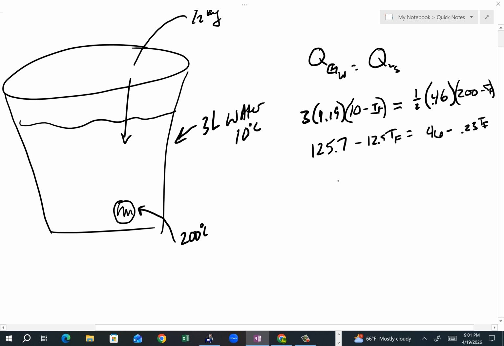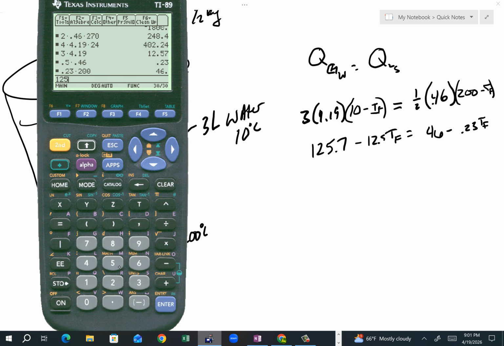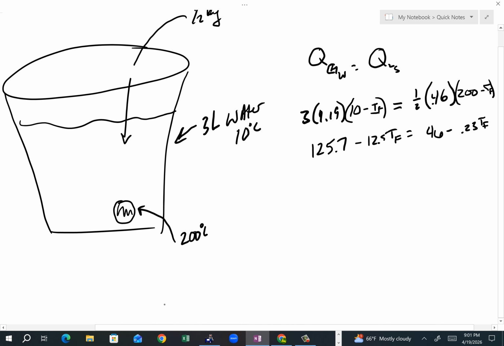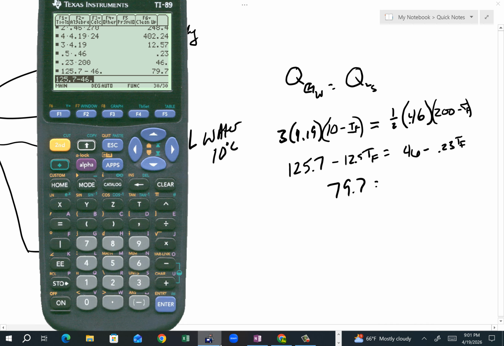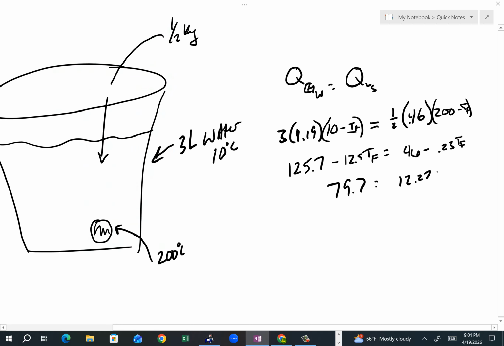So I'm going to solve. 125.7 minus 46 is 79.7 is equal to, let's plus that. So 12.57 minus 0.23 is 12.27 TF.